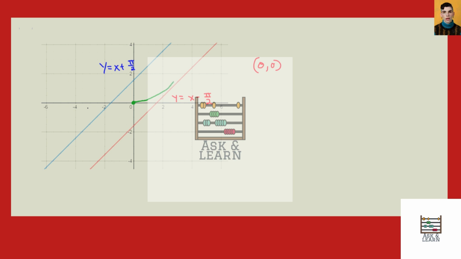So the graph should look something kind of like this, getting really close to the red line. And then we also know that as x tends towards negative infinity, this function should get really close to x plus pi half, or this blue line. So this is how we could go ahead and just get a sketch of this graph without doing too much work using our two slant asymptotes.